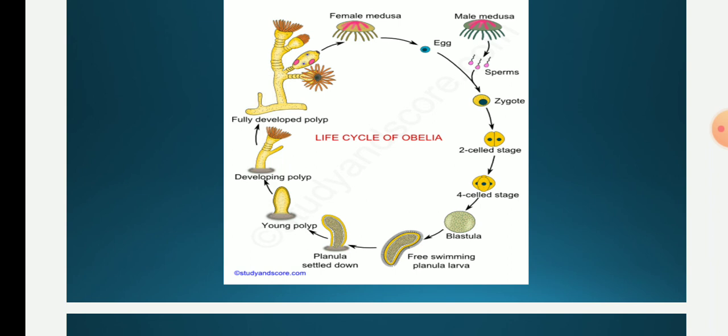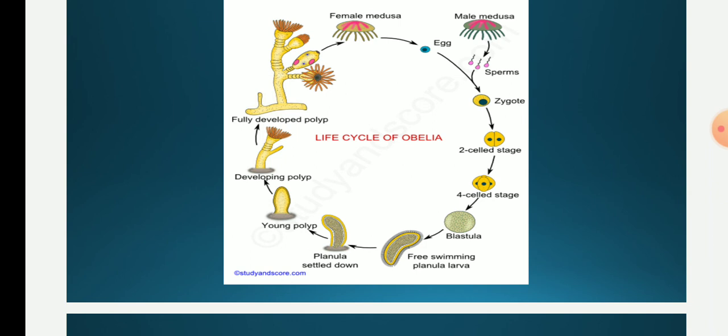After a short period of free swimming life, the planula larva attaches to the substratum. The attachment to the substratum is its anterior end, and the free end develops into the manubrium, that is the posterior end, with the mouth and circlets of tentacles. At this stage the embryo resembles hydra, and thus this stage is also called the hydrula.